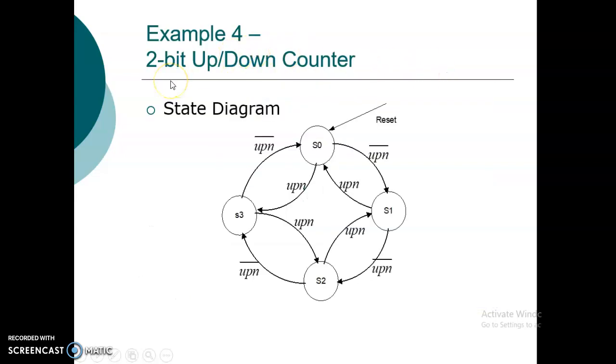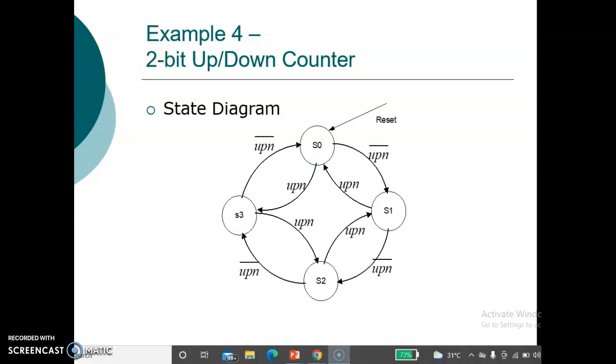So example 4, 2-bit up down counter. State diagram. State diagram S0, state 0, state 1, state 2, state 3. Here clockwise direction. Okay.